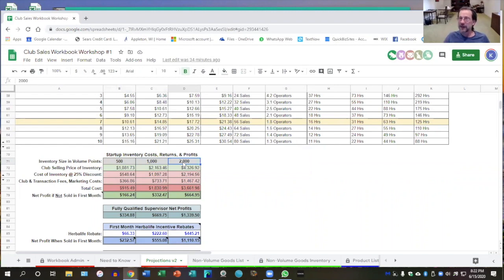It'll put it in a tab, and you as club owner or sponsor can look and say, okay, this is what sells, and this is what a 500 volume point order that sells is. But I suggest that you do that.